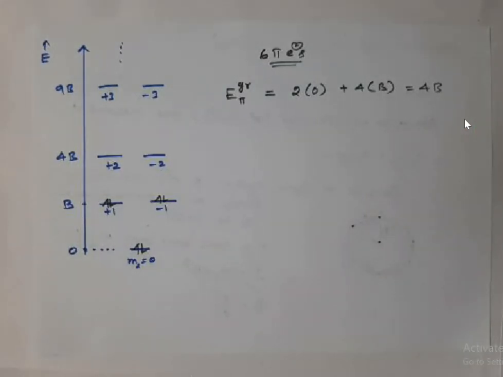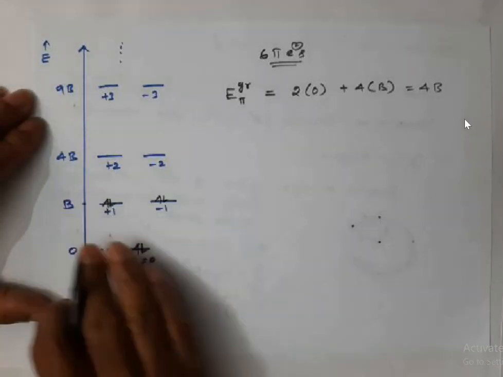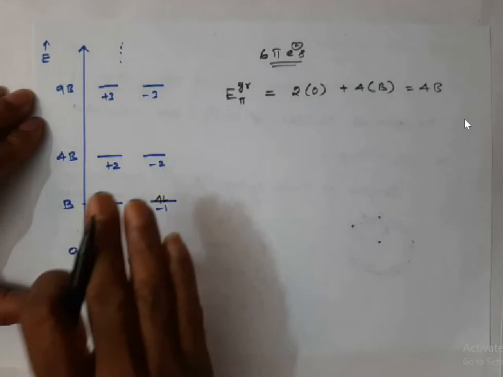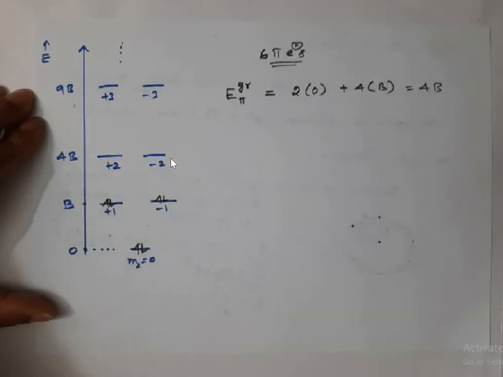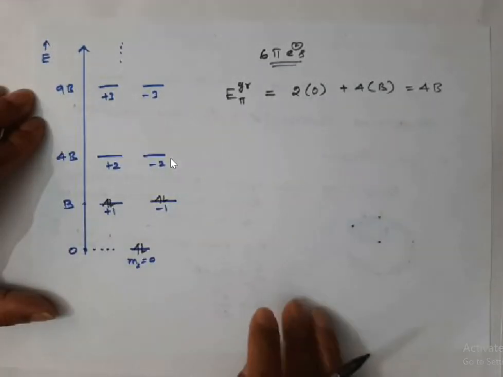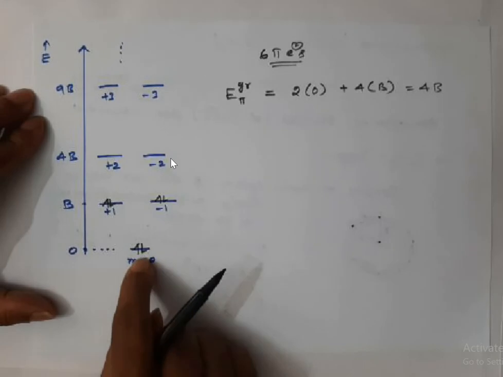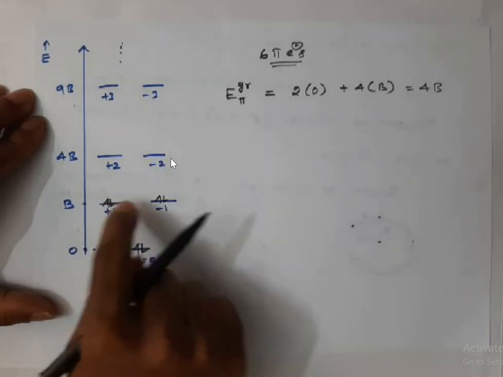This configuration is called the ground state configuration, in which the total energy is found to be 4B.